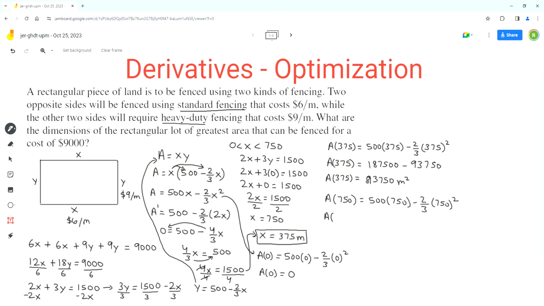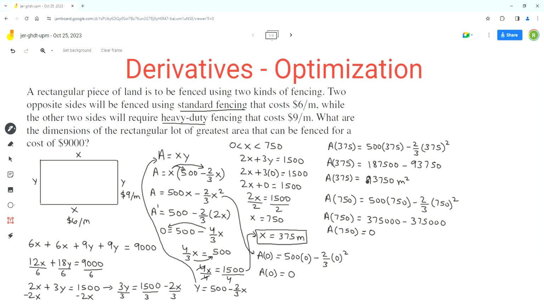So A at 750 is equal to 500 times 750, which is 375,000, minus, now we have to do 2 times 750 squared divided by 3, which is another 375,000. So area at 750 is equal to 0.